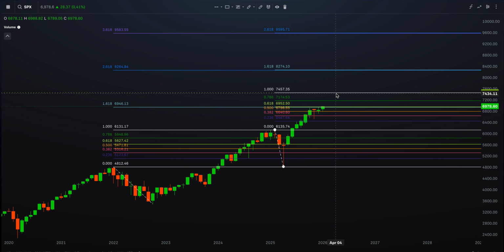From there, at least I would expect a minimum pullback, and it will retrace back to the 6,447 or 644 or 645 level on the S&P. So in the short term, I would definitely see the upside target for the S&P as 745.